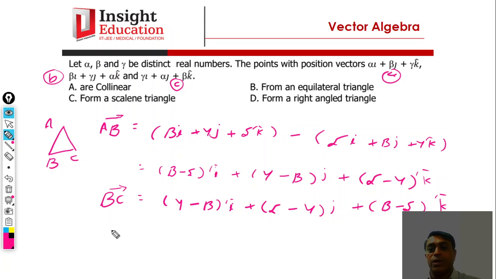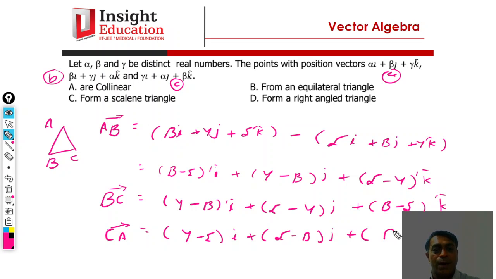And third, CA. So CA is gamma minus alpha i plus alpha minus beta j plus beta minus gamma k.